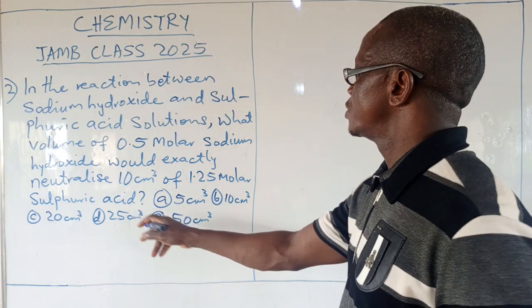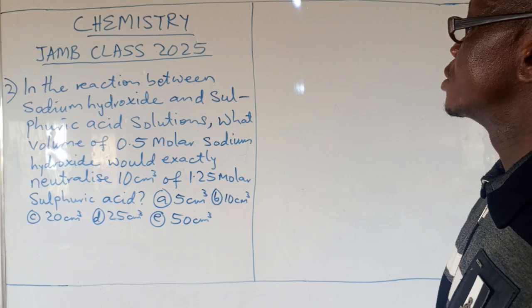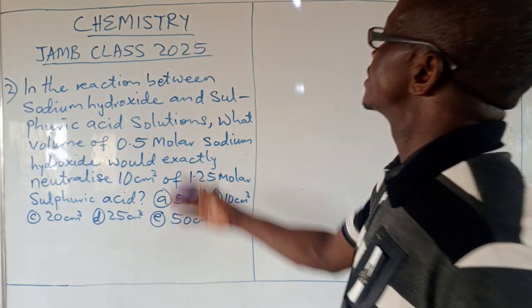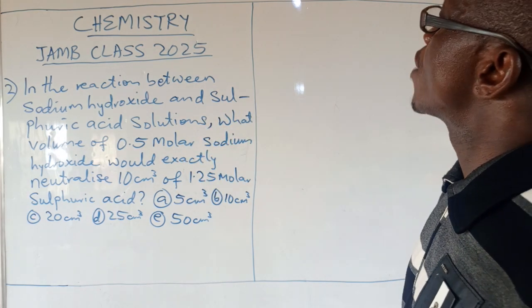A, B, C, D, and E. They have given you all the options there. Now, for us to know which option we should take, let's see what we should be doing.